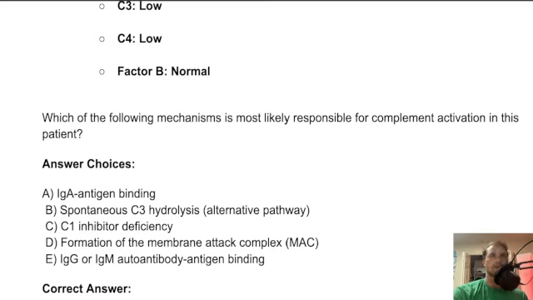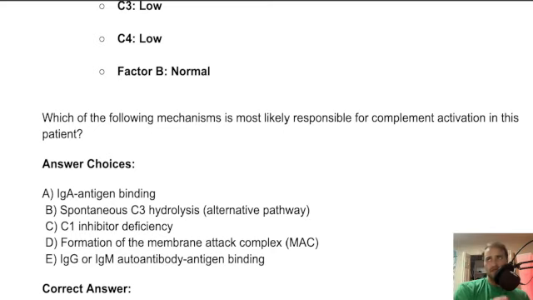So there are 3 different pathways: classical, with bacteria and IgG; alternative, C3, C3a, C3b; and the lectin pathway, the mannose-rich moiety. All those will eventually lead to C3 convertase and then C3.